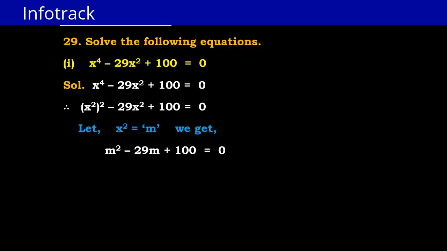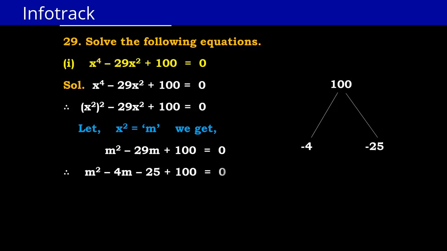So 100, we can factorize this 100 so that you will get addition as minus 29. 25 4s are 100. Minus 4 minus 25. So we can split middle term minus 4m minus 25m. So m square minus 4m minus 25m plus 100 is equals to 0.